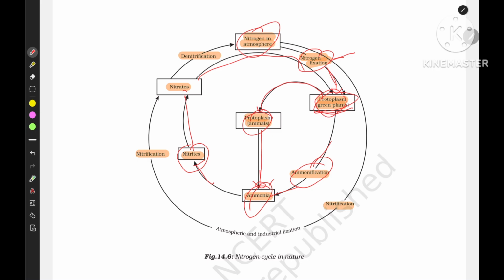In the second case, nitrification happens, and it converts into nitrates. Denitrification happens when the oxygen detaches from the nitrogen element, and again atmospheric nitrogen forms.